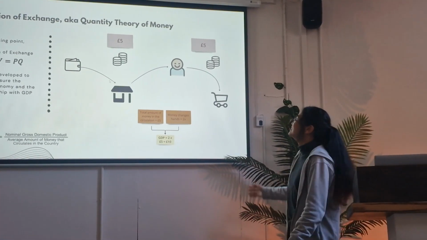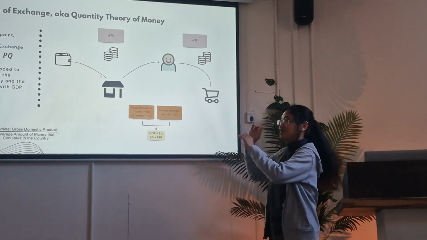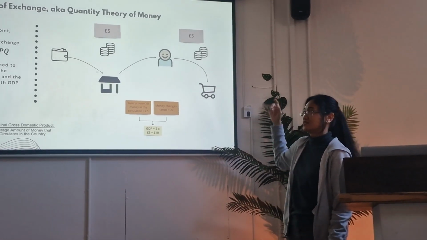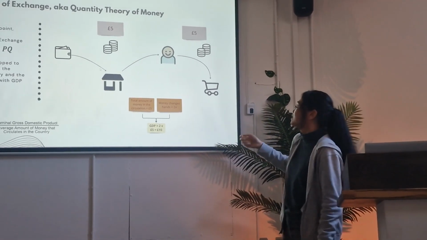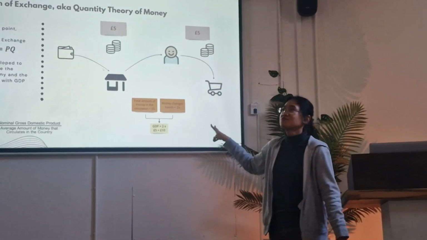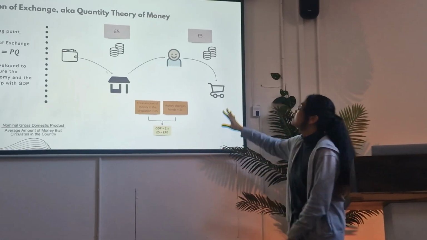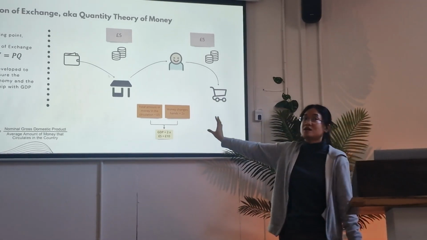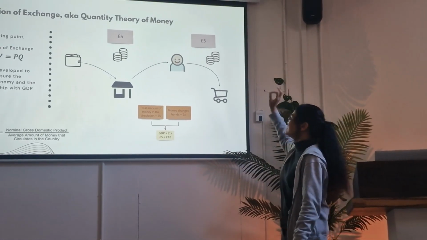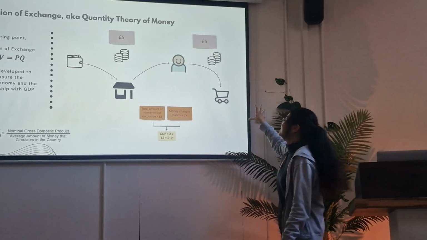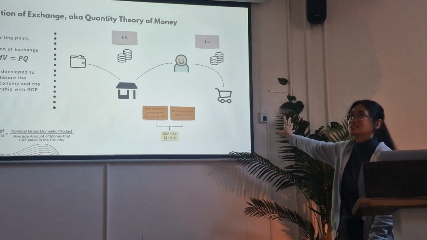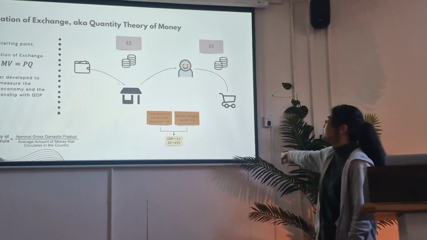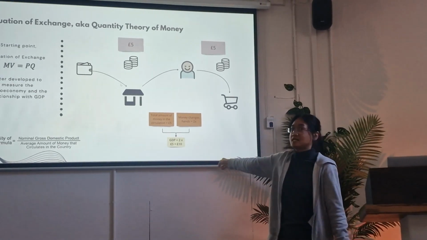So although there is only 5 pounds to pay for the goods and services in the economy, the GDP itself is 10 pounds. Why? Because the first 5 pounds moves the economy of that store, and the rest of the economy was also moved by these 5 pounds. So the same amount of money, 5 pounds, actually moves the GDP by 10 pounds.